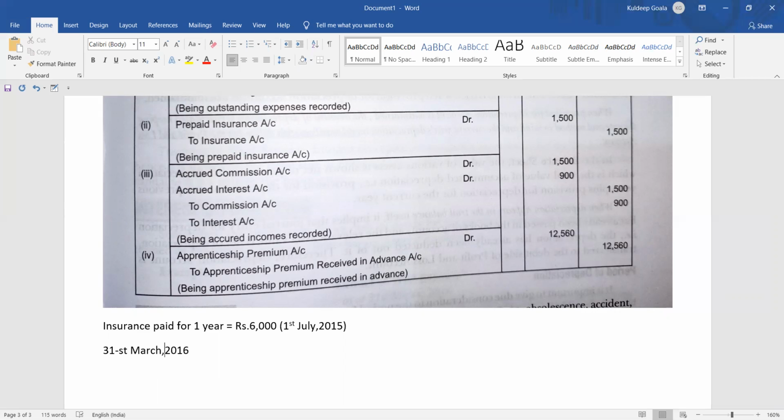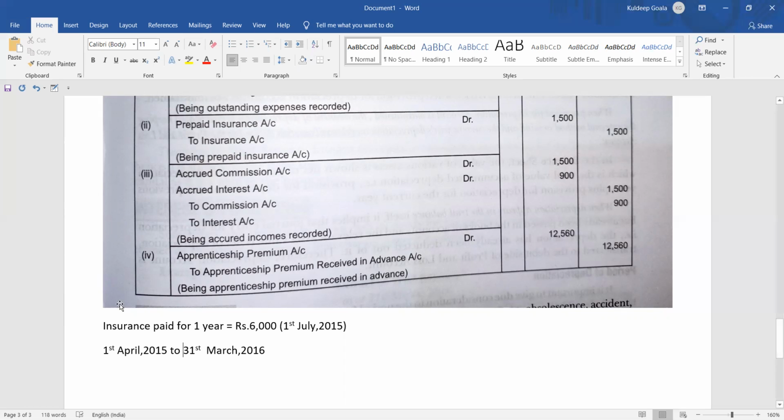That means when did it start? It started on 1st of April 2015 and ends on 31st of March 2016.